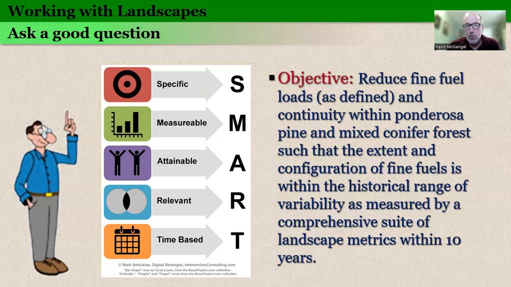Yes, we have the tools, both mechanical and prescribed burning techniques that allow us to change the fine fuel loads and their continuity across the forest. Is it relevant? Well, certainly. If one's interested in the fine fuel mosaic and its relationship to fire behavior, for example, then it's highly relevant. Is it time-based? Yes, because we stated that we would need to achieve this objective within 10 years.